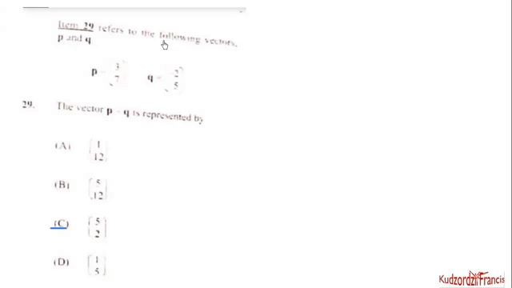Item 29 refers to the following vectors P and Q. So we have vector P to be this, and we have vector Q to be this.